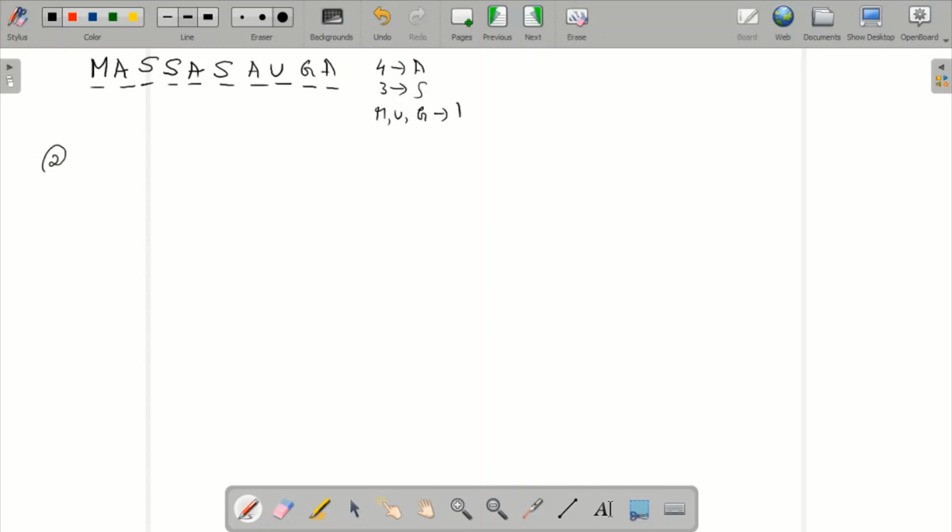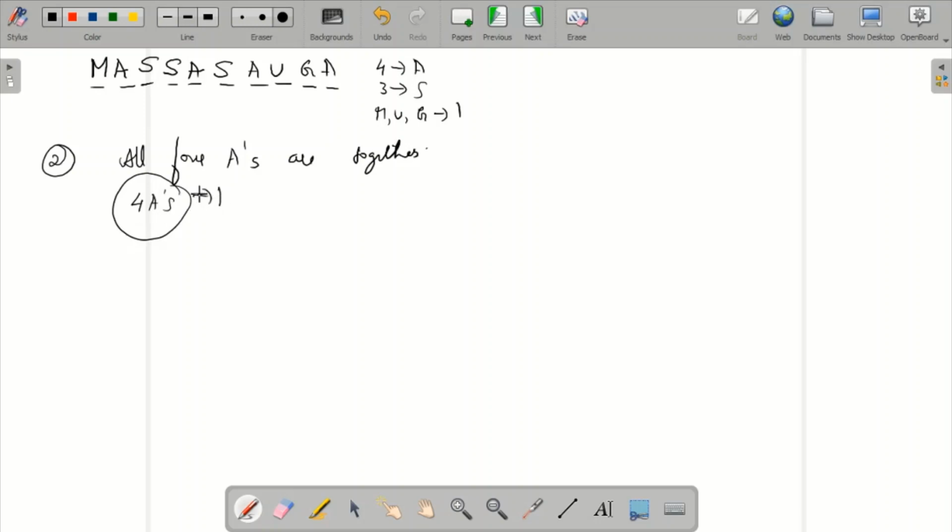The second question we had was, in how many of these are all 4 A's together? How many A's are there? 4 A's are there. All 4 A's together means that we are taking the 4 A's as a single block, one particular block.